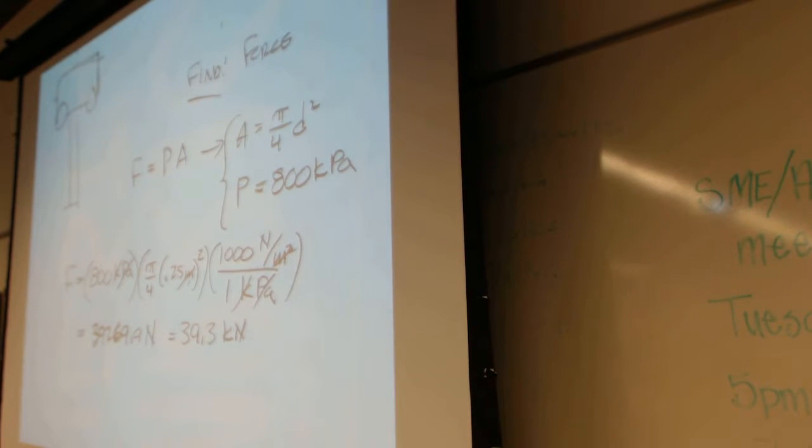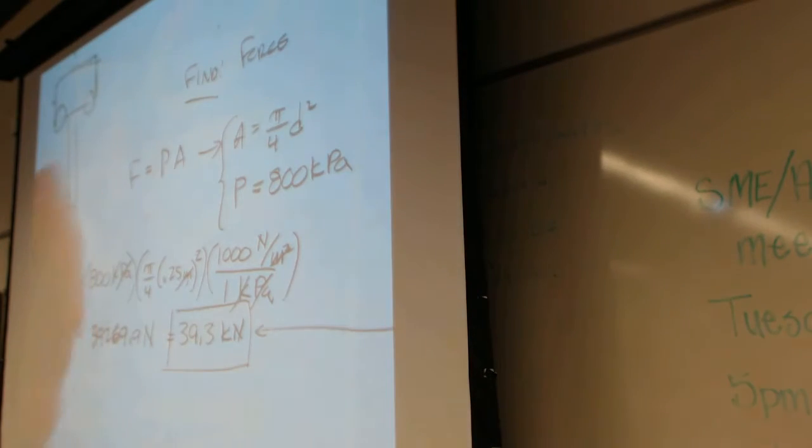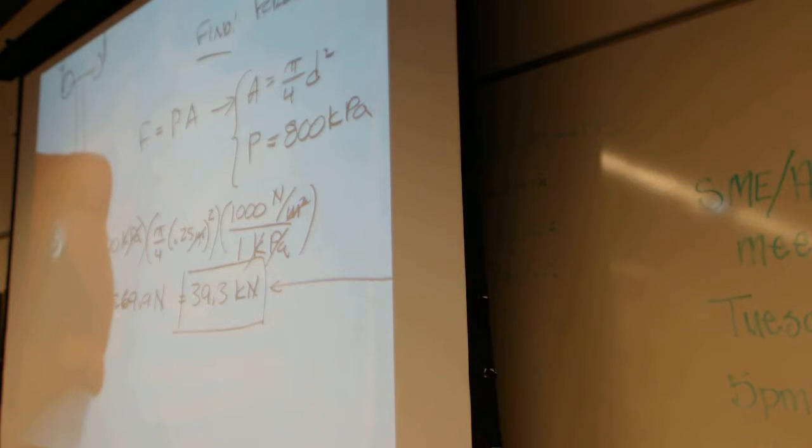So that's all well and good, but what does that mean? You know, for those of us who are familiar with pounds of force, so that's the answer. Let's put it in a little bit of context. 39.3 kilonewtons.